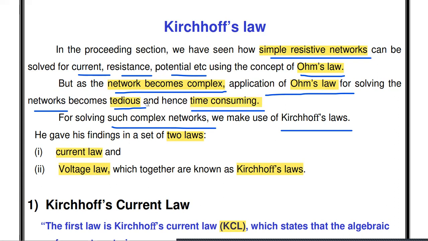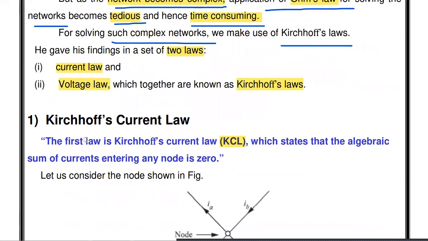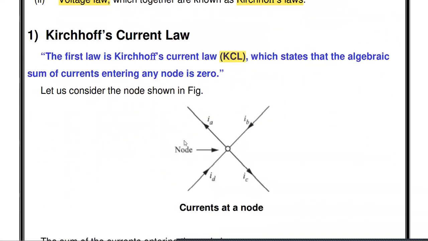That's why, to solve a complex circuit, instead of Ohm's law we may use the alternate method, which is also Kirchhoff's law. There are two Kirchhoff's laws: one is Kirchhoff's current law and the other is Kirchhoff's voltage law. Now we are going to define Kirchhoff's current law and voltage law, and the related problems we will solve in the next videos.